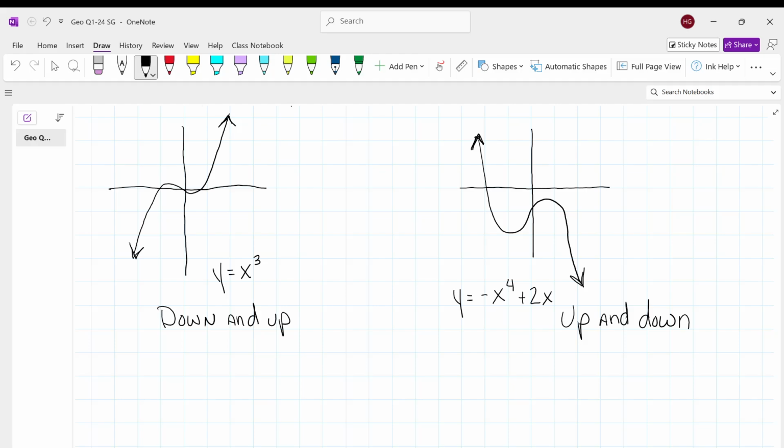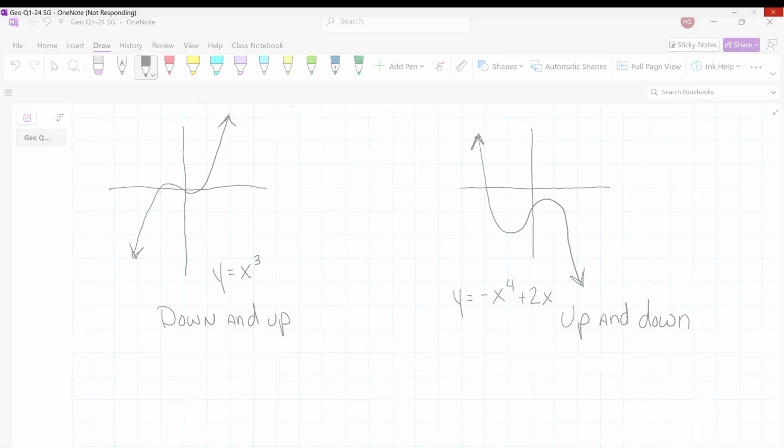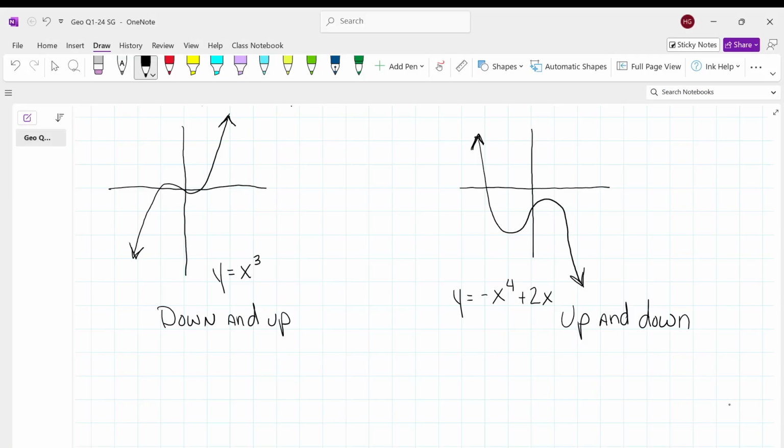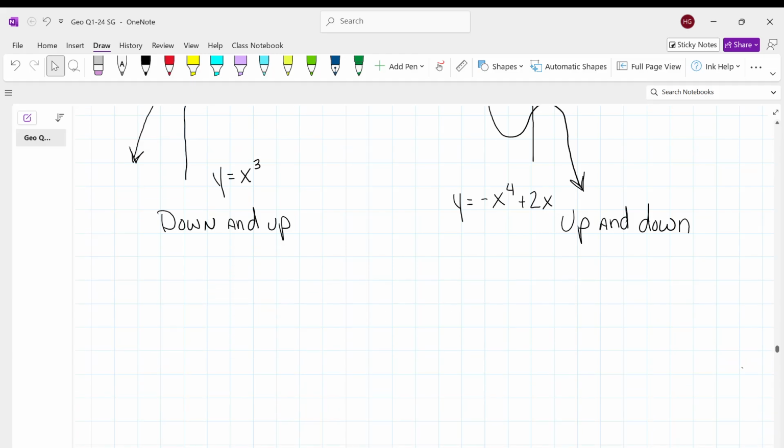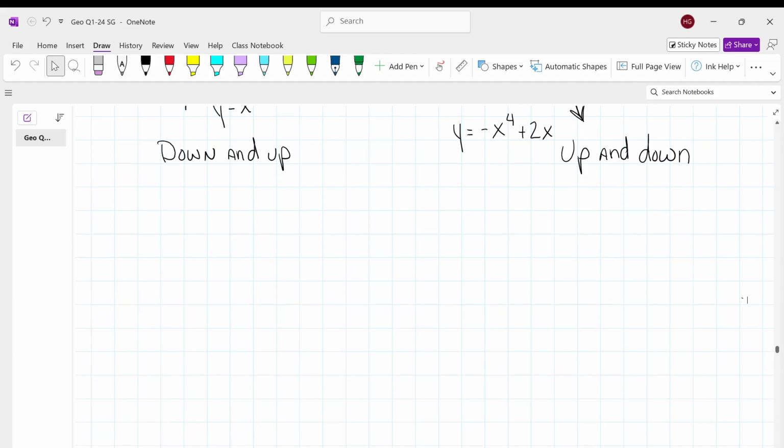Now, the end behavior of the graph is determined by the leading coefficient. The leading coefficient is, when the graph is in standard form, the term that has the highest power. All right?